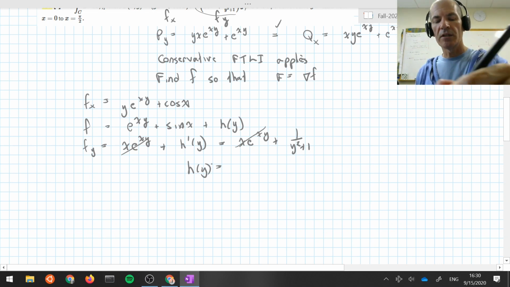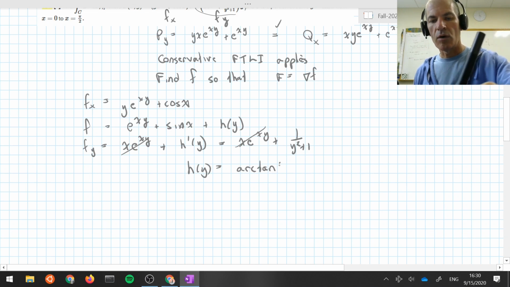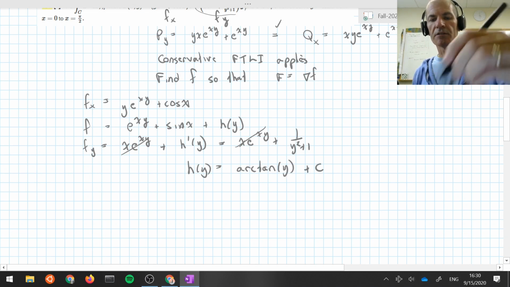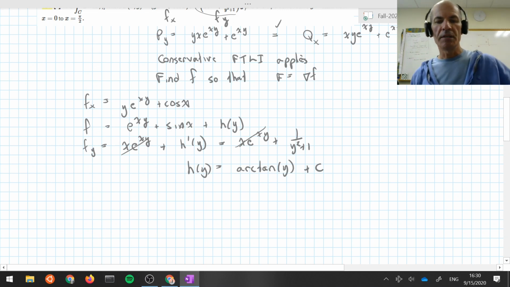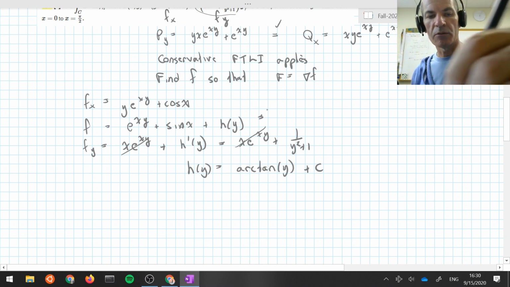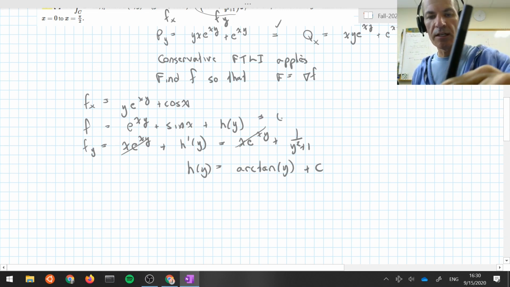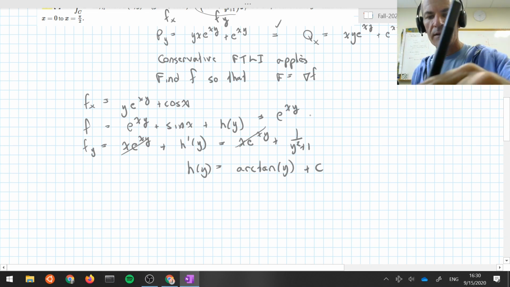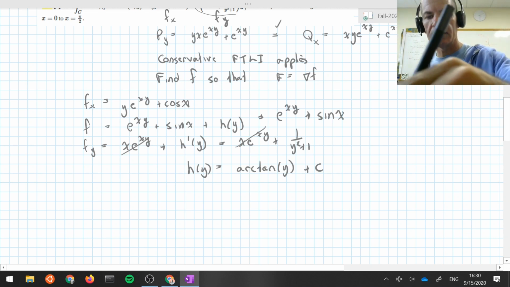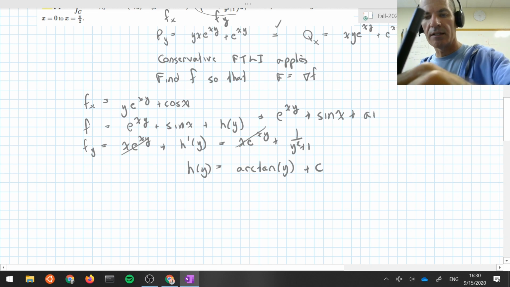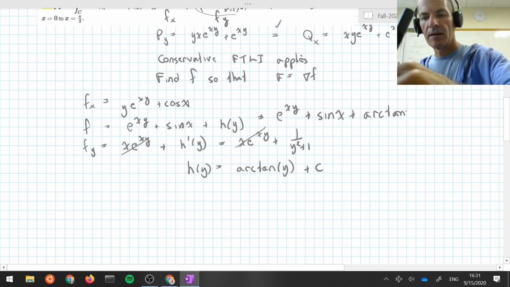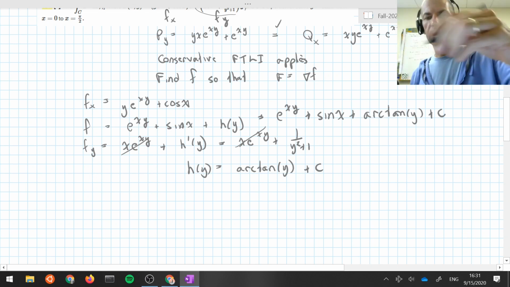You may or may not know that the antiderivative of 1 over y squared plus 1 is the arctan of y, and then there's an unknown constant c. I immediately then can jump up here and write the full potential function e to the xy plus sine of x plus arctan of y plus c.